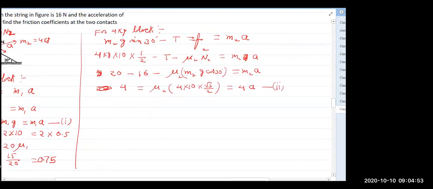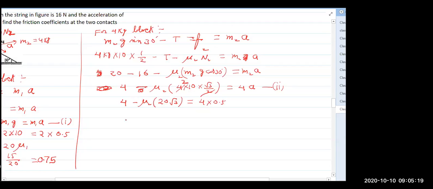And mu2 we can write. This is 4 minus mu2 times 2, so 20 root 3, equal to 4 into 0.5.